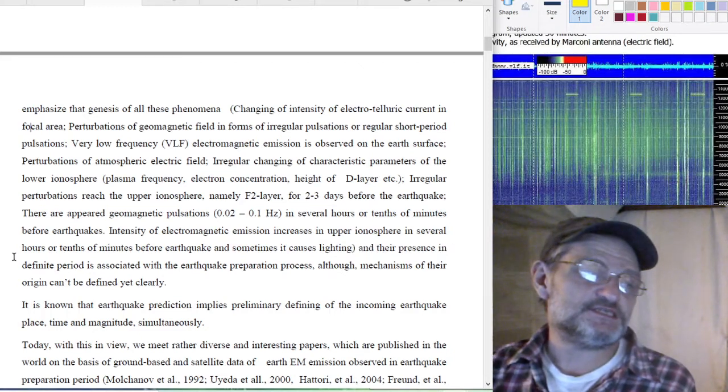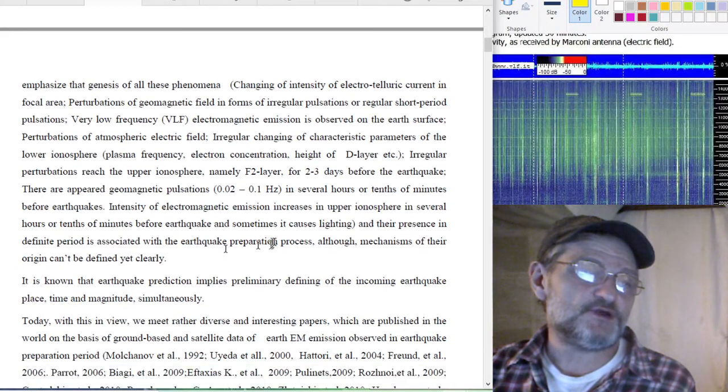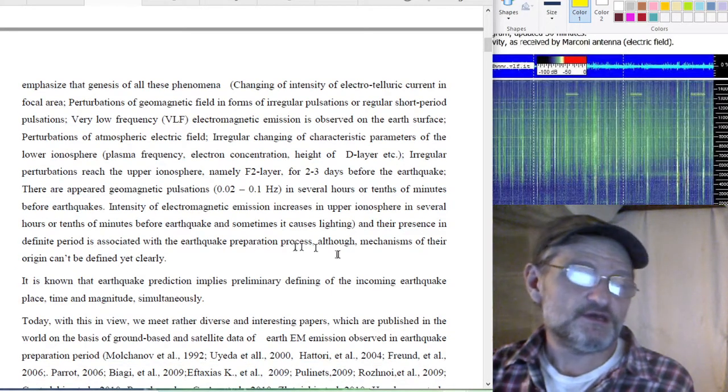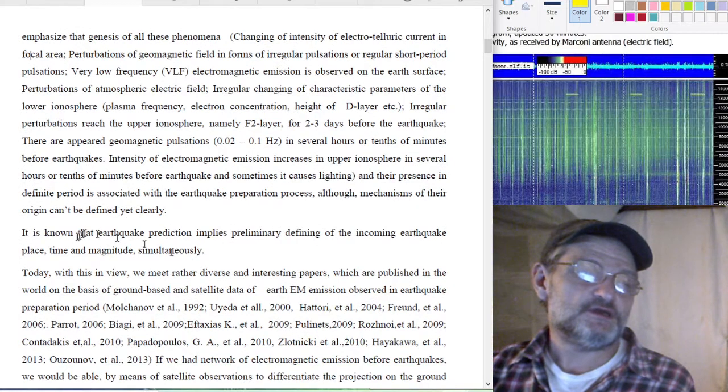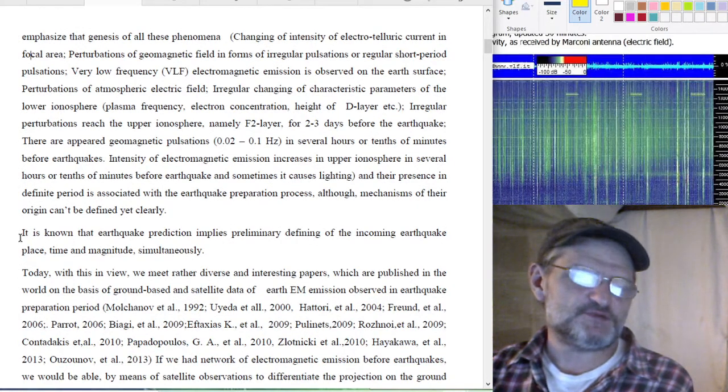Their presence in a definite period is associated with the earthquake preparation process, although the mechanisms of their origin can't be defined clearly yet. Okay, so it's all in English, but it's kind of tough going.